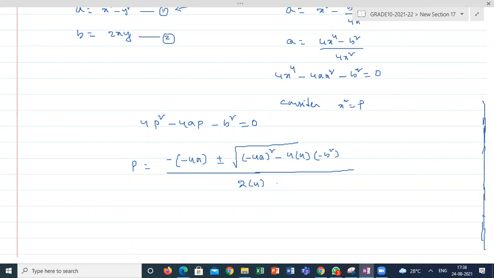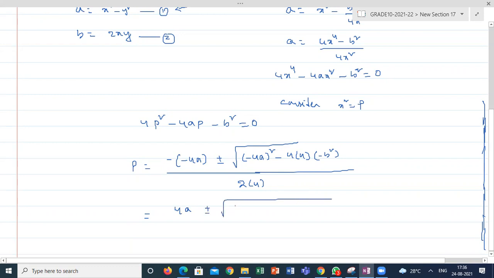So what am I getting from here? This is 4a plus or minus square root of 16a square plus 16b square, divided by 2 into 4, which is 8. Clear?